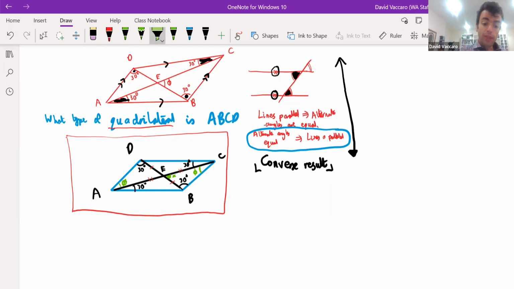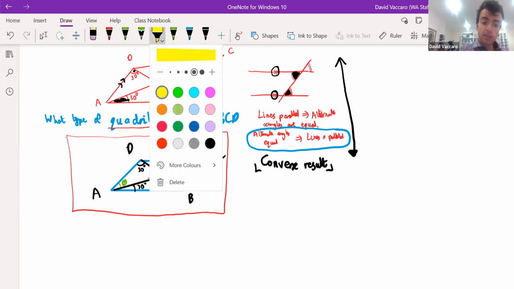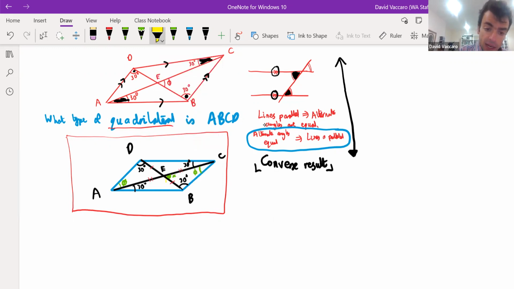I'll give you a clue. This angle X is an angle which is part of this triangle BEC.